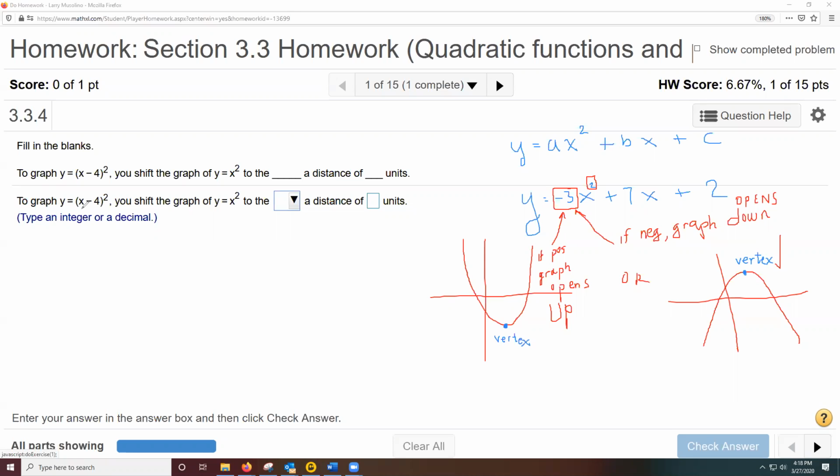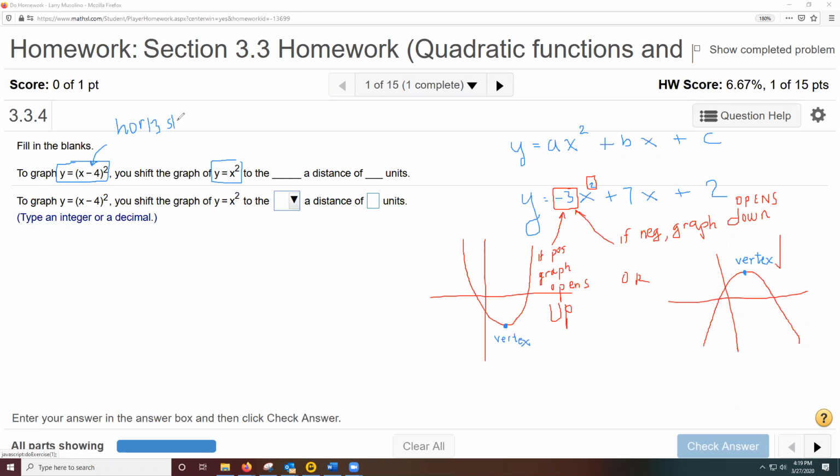All right, why don't we go to this question? It says, what if you want to graph y equals parenthesis x minus 4 squared? Well, you might remember we've already talked about transformations of graphs back in chapter 2. So what this is going to do is take the graph of y equals x squared, and when you replace x with a quantity like x minus 4, you might remember this is going to be a horizontal shift.